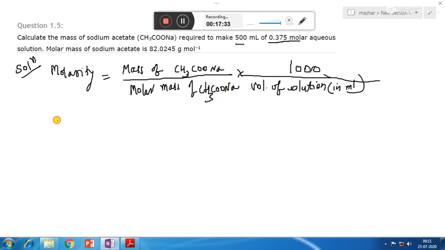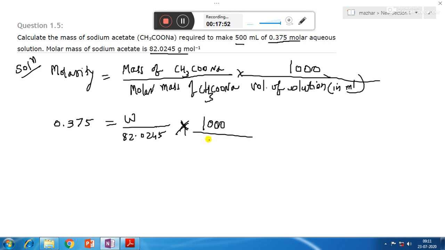Now molarity given is 0.375. Mass of sodium acetate we have to find out. In the denominator molar mass of sodium acetate is 82.0245 into 1000 divided by volume of solution in ml, which is 500. So 500 twos are 1000. Now we have to make W the subject.